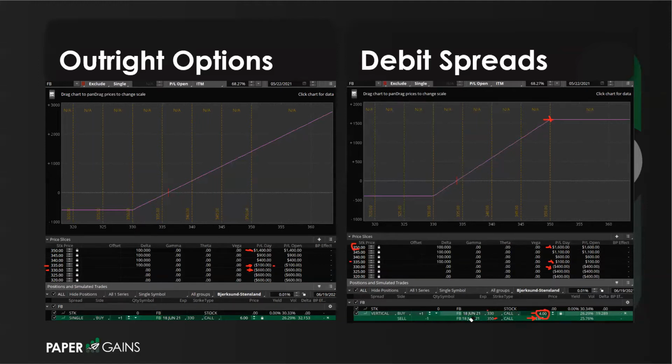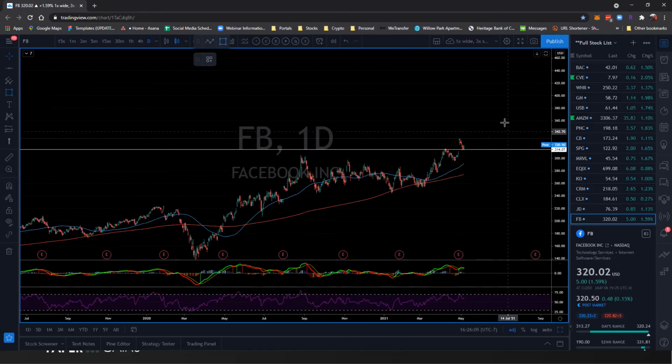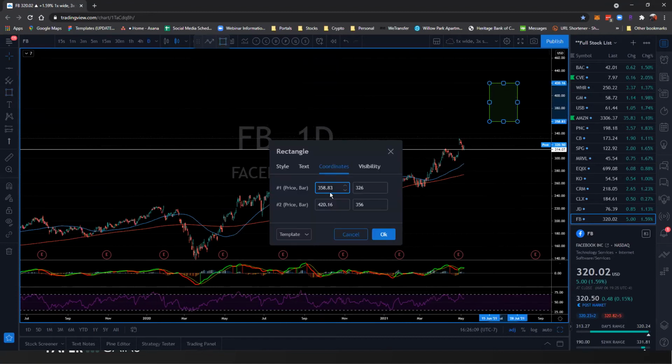So how do you know what your spread is going to be worth? Actually, that's a good question. Remember when I was saying have a picture in your mind of where the stock is going to go as it moves forward in time. We said 330 to 350. I'm just going to put in 350, 330.